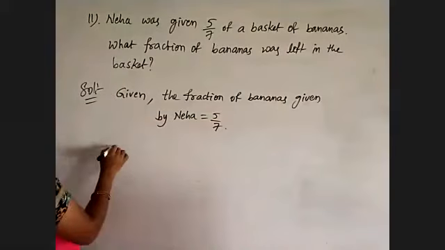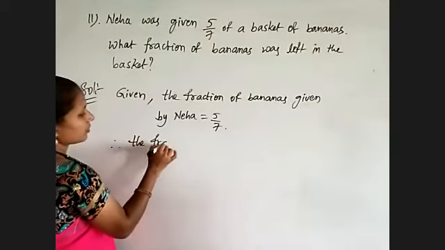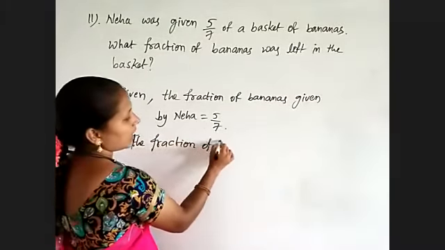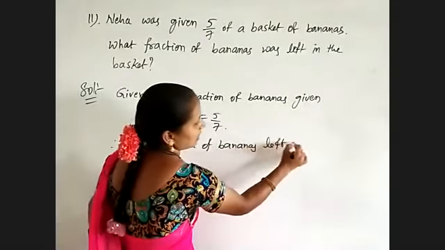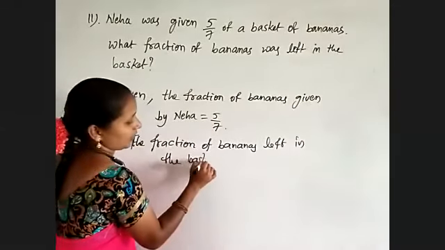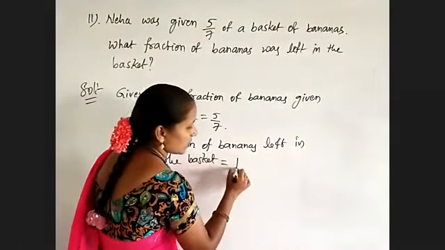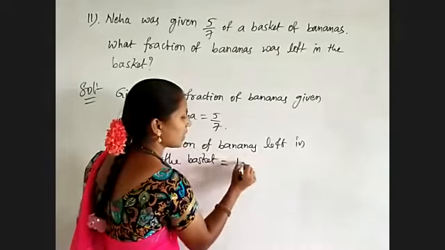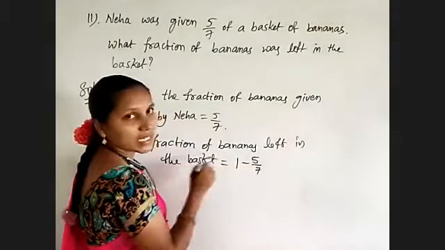Okay. Therefore, the fraction of bananas left in the basket is equal to, total basket is only one basket. Out of that, 5/7 were given. So remaining part is nothing but 1 minus 5 by 7.